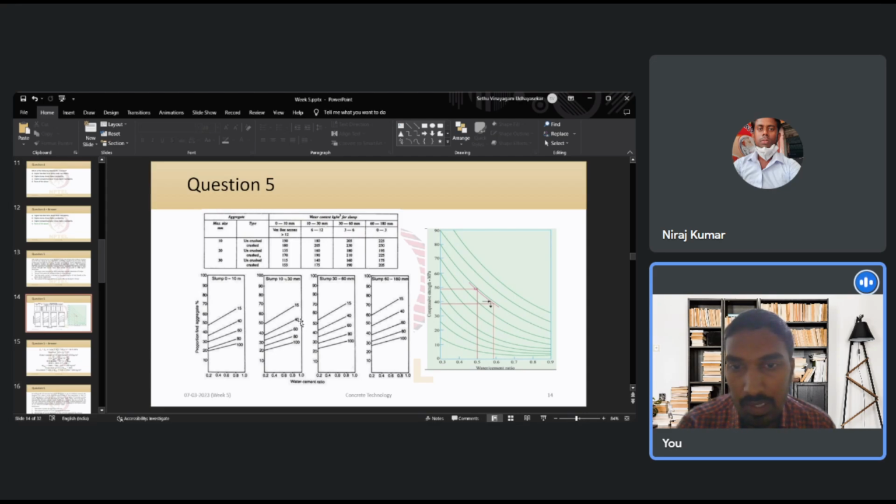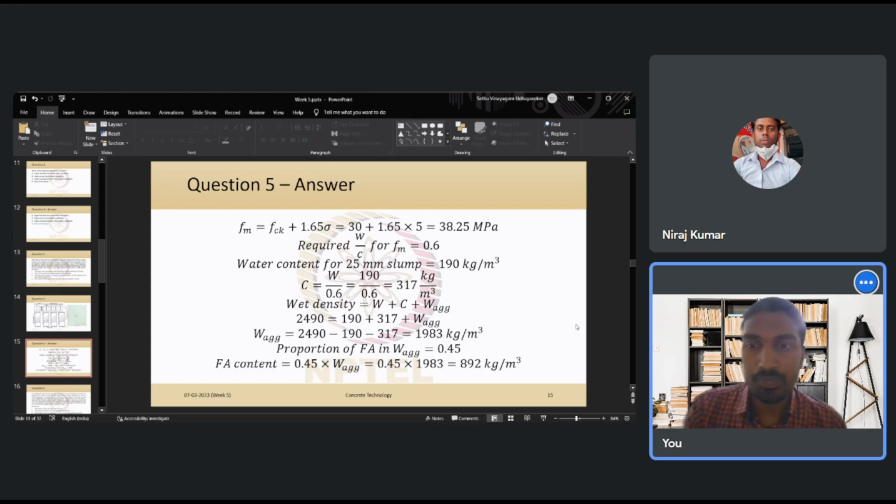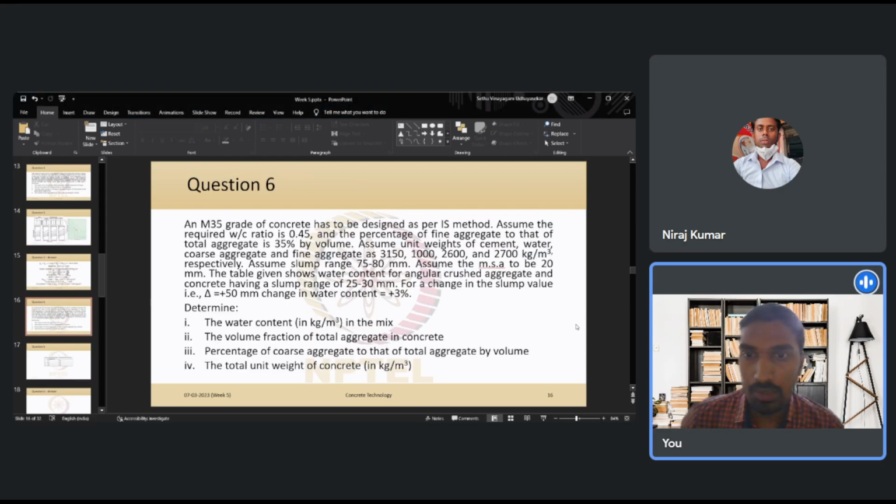So for the given fineness, which was 40, we found that for the water to cement ratio of 0.6 the proportion is 0.45, for a slump requirement between 10 and 30. Using that proportion and the total aggregate content calculated, we found the total fine aggregate content. Okay, if there is no question, we'll move on to the next one.